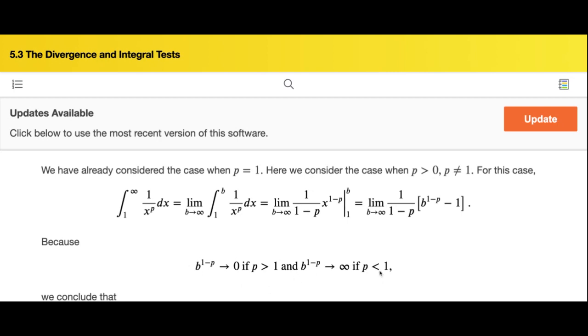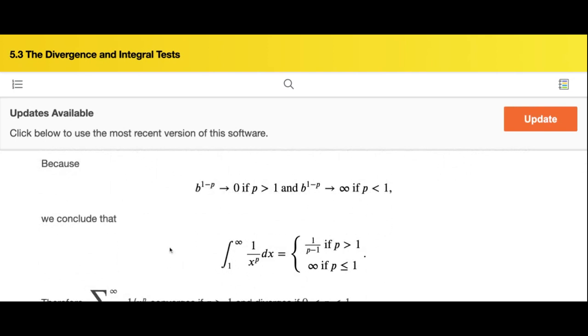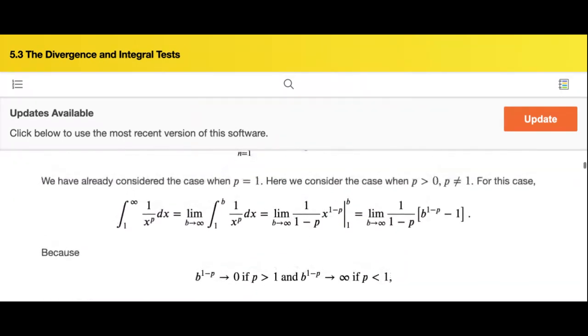But if p is less than 1, think about half: 1 minus half is half, so b raised to half, and as b goes to infinity, the square root of b also goes to infinity. So we have this conclusion: if p is greater than 1, the value is 1 over p minus 1, and if p is less than or equal to 1, it diverges.